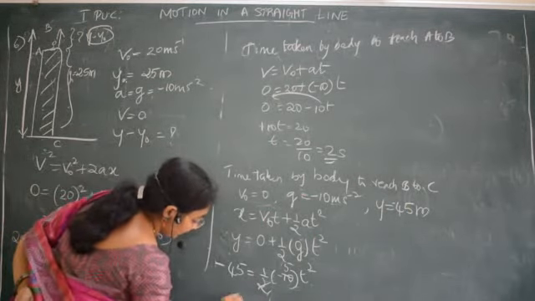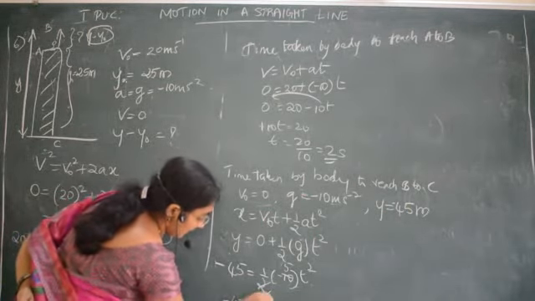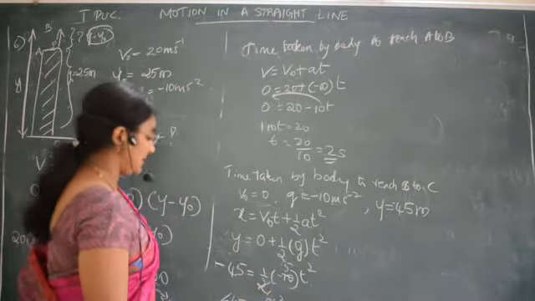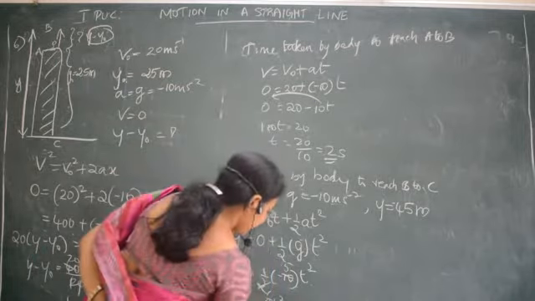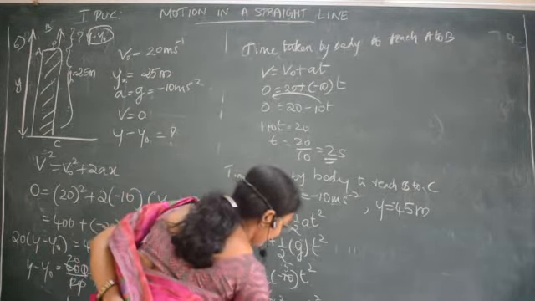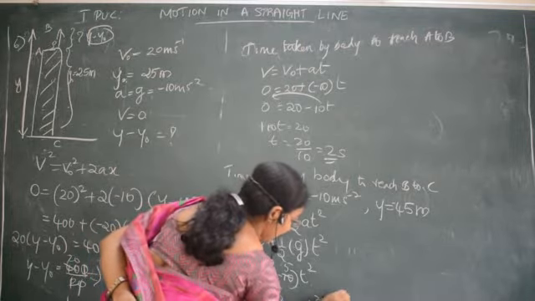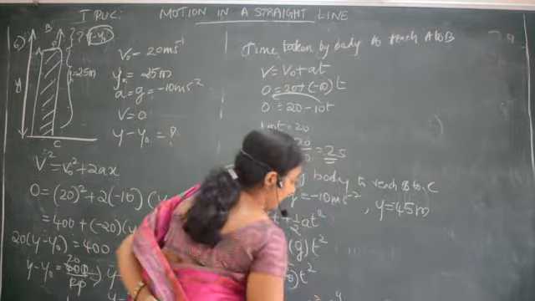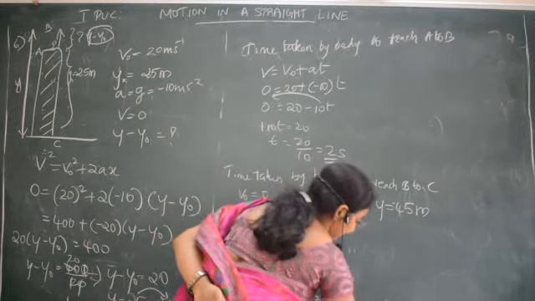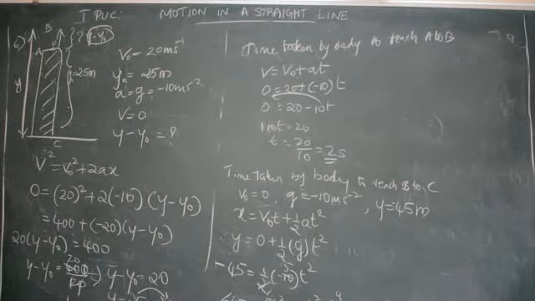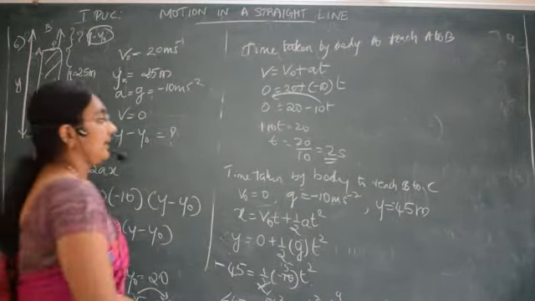Now minus 45 is equal to minus 5t squared. The minus signs cancel, so t squared is equal to 45 by 5, which is 9. This implies t is the square root of 9, which is 3 seconds. So the time taken from B to C is 3 seconds.